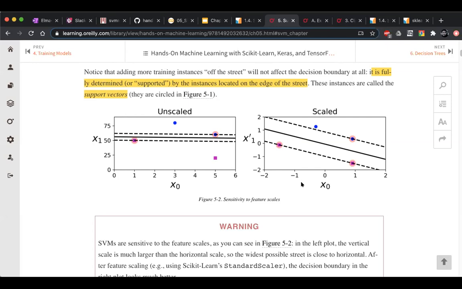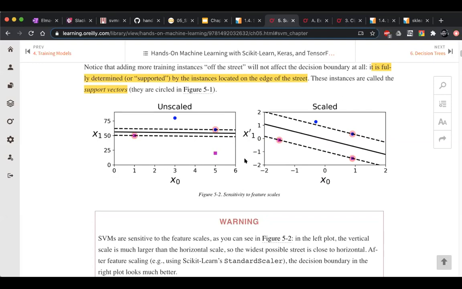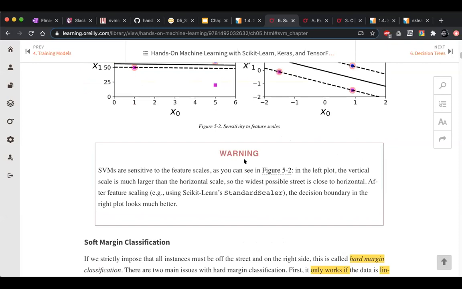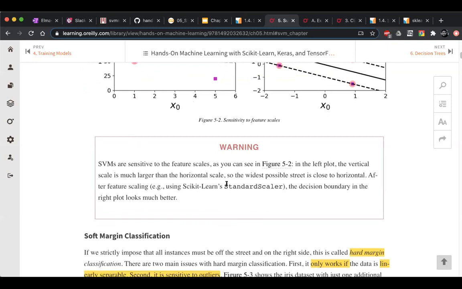You can do better if you scale them. Here you scale them and you can fit a larger street between them. So if you're using SVM, we have to make sure that our model includes some sort of scaling. And yes, scikit-learn has the StandardScaler functionality that we always use, so that will do it.